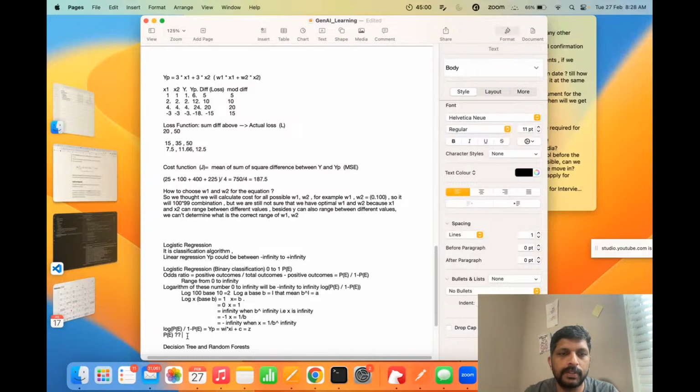Then what happens? Let's take the above equation, P of E by 1 minus P of E is equal to, the base is E power Z. So it's E power Z, correct?